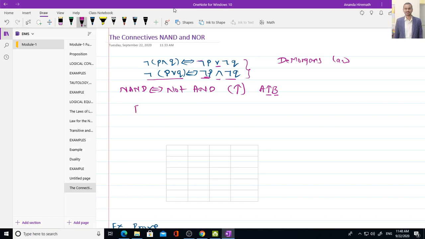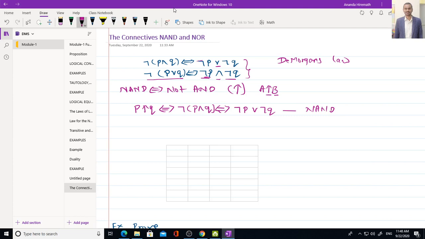So P NAND Q is logically equivalent to not (P and Q). Again, this can be written as not P or not Q by using De Morgan's law. So this is NAND operation.